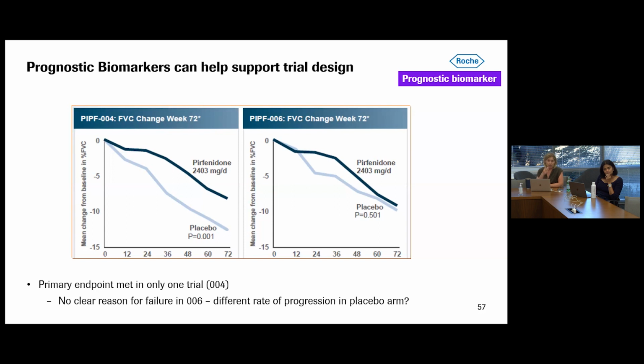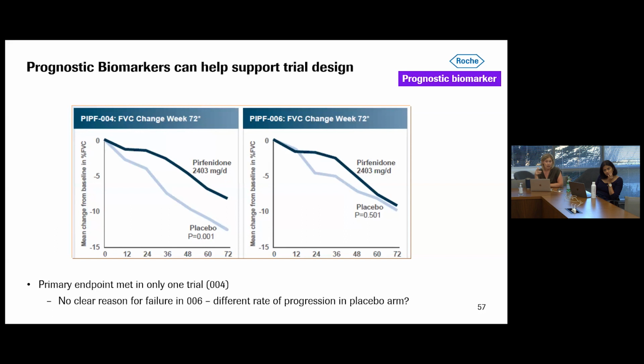patients. Now, when you compare these two phase 3 trials, which were identical trials, you can see that there is a difference between the two placebo arms. In one trial, the placebo arm progressed more, the patients were more severe, they progressed faster. In the other trial on the right, there was significantly less progression in the placebo arm.